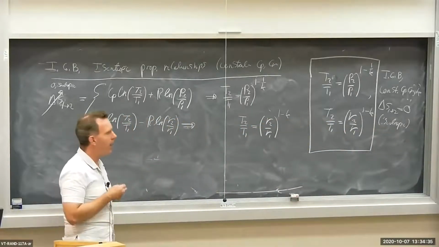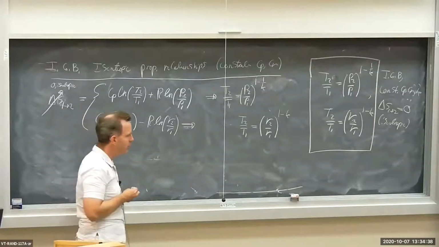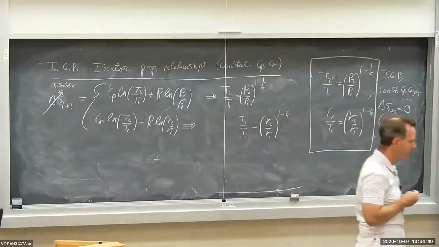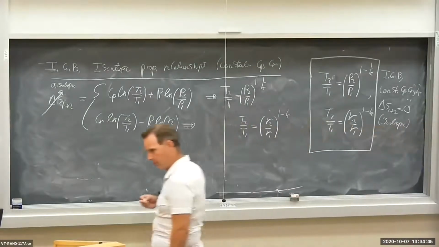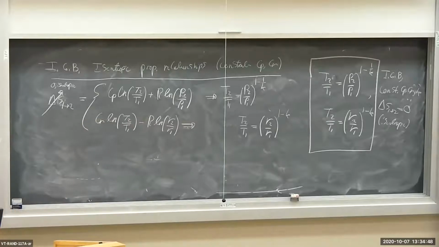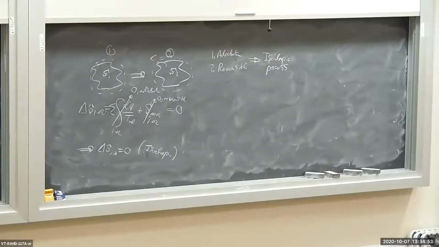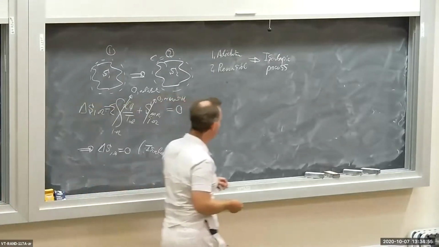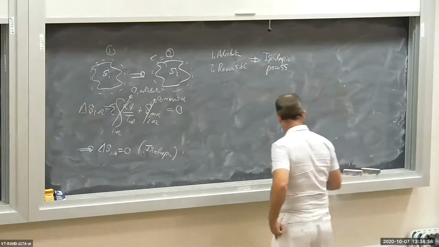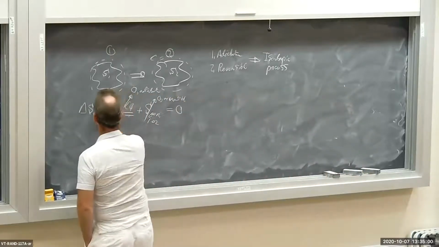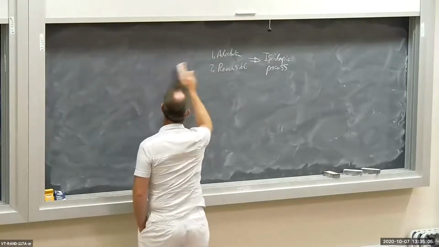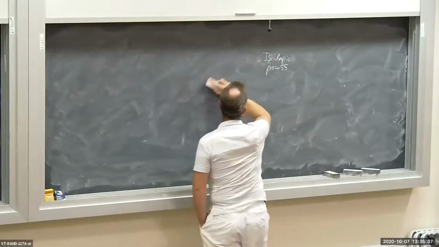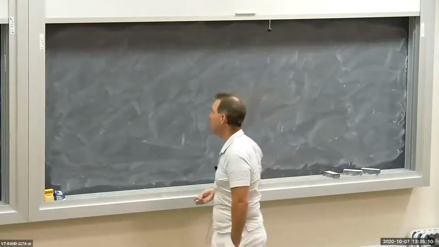Now what's another way to relate properties, pressures, volumes for an isentropic process? How do we do that for variable specific heat? What are the relationships between temperature, pressure, and volume for a constant entropy or no change in entropy process if we have variable specific heats?